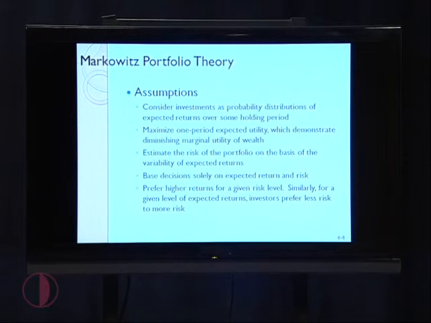Second assumption: maximize one-period expected utility, which demonstrates diminishing marginal utility of wealth. That means I have an expectation of the rate of return for 6 months, just for one period, not more than one period. Also, we have another assumption related to Markowitz portfolio theory: to estimate the risk of the portfolio on the basis of the variability of the expected rate of return.